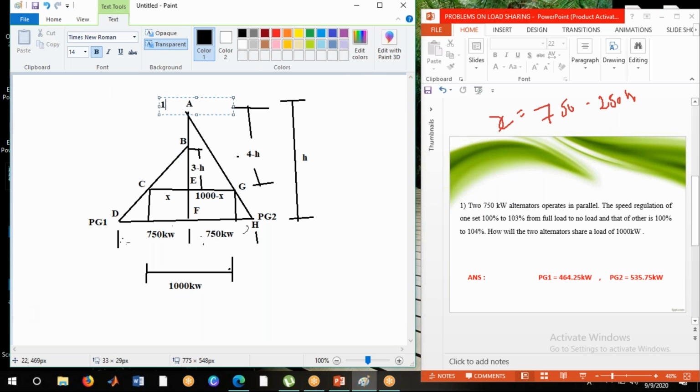So here we are getting 104 percent, 100 to 103%, 100%.